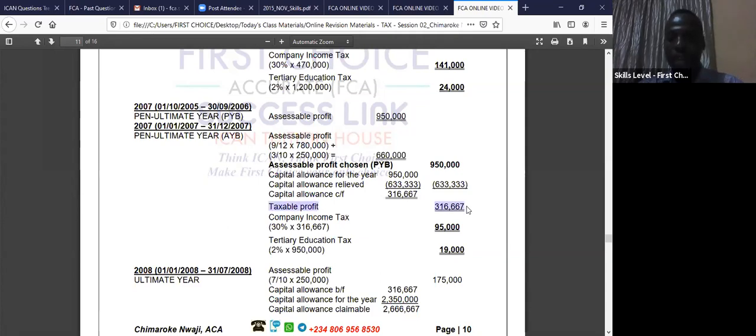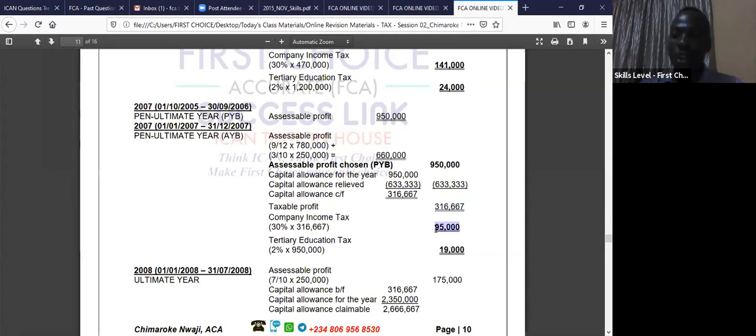Mind you, it is from here we charge tax. In some textbooks, they will tell you to do 95,000 times 100 over 30. You will get this figure. Because we did 30 over 100 to get this figure. We did 30 over 100 of this, 30% of this. That was what gave us this.